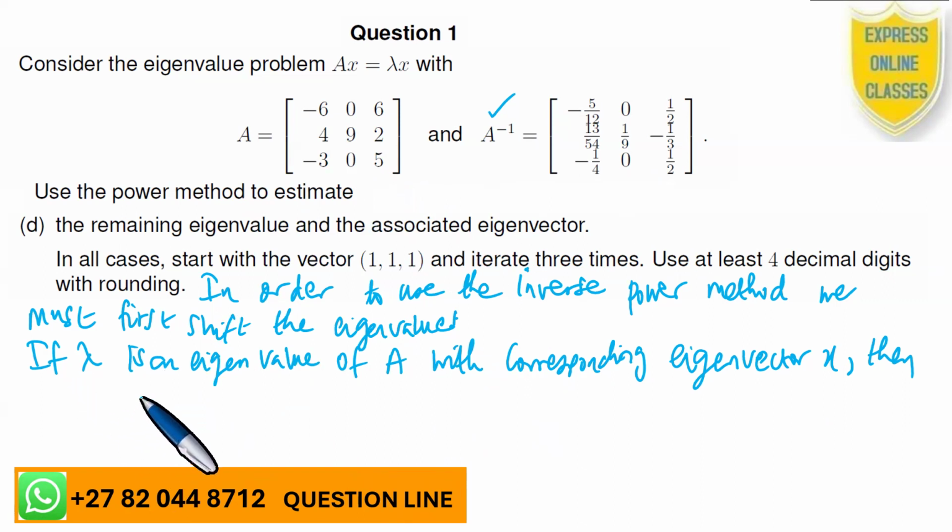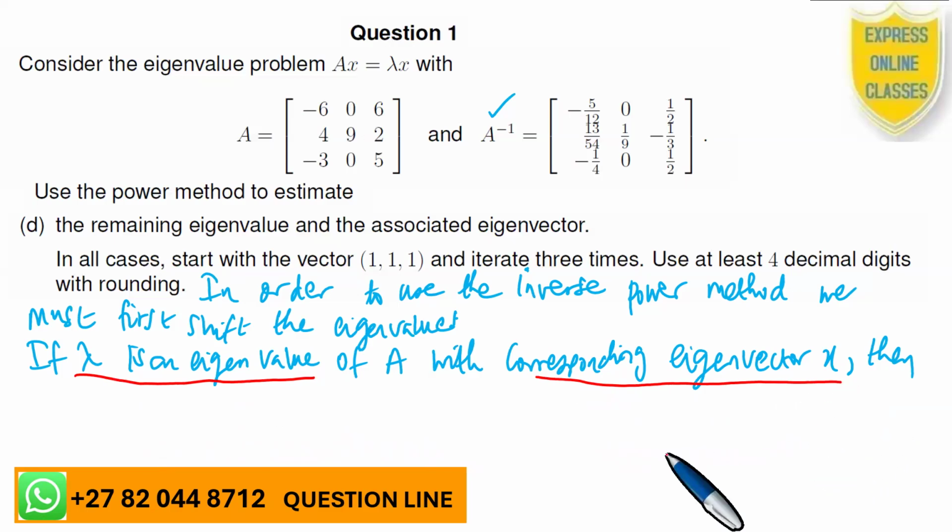If lambda is an eigenvalue of A with corresponding eigenvector x, then we have the following.